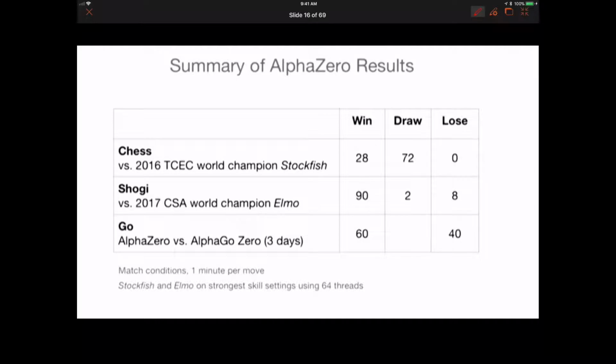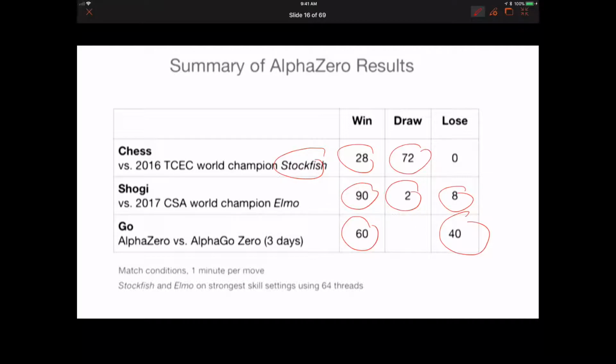So AlphaZero also took a stab at chess, and you can see here that it won against a leading chess program 28 times and had a draw 72 times with 0 losses. Shogi is another very difficult board game, and AlphaZero again did very well with a few losses. And AlphaZero versus AlphaGo Zero is a 60 and 40 score.